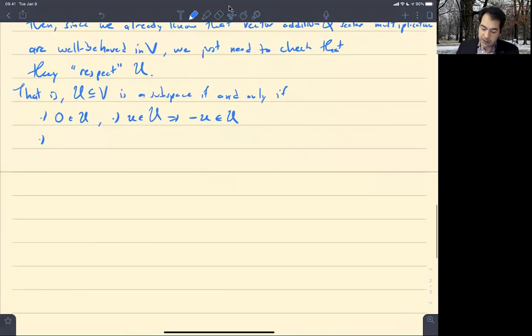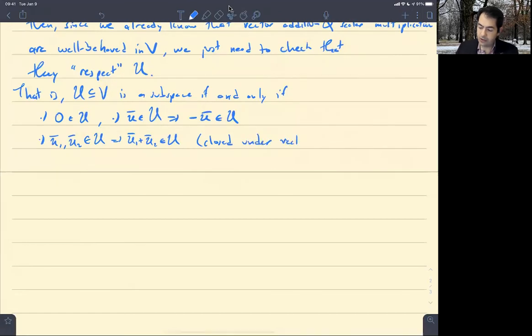And then we need to know that if you give me two elements of the subset, then the vector addition stays inside the subset, right? Which we would say that it is closed under vector addition.